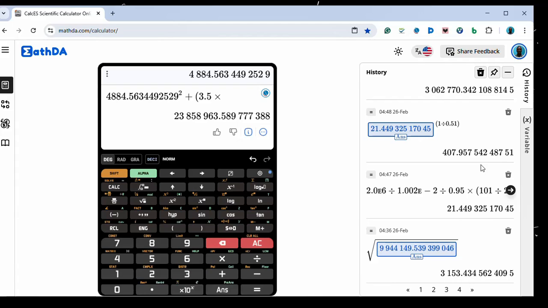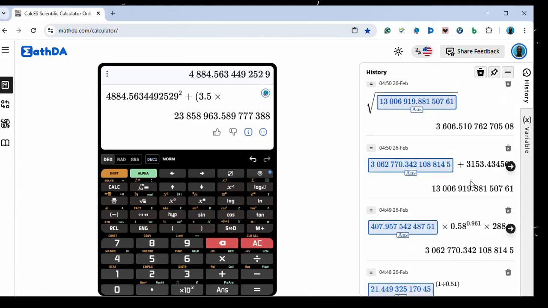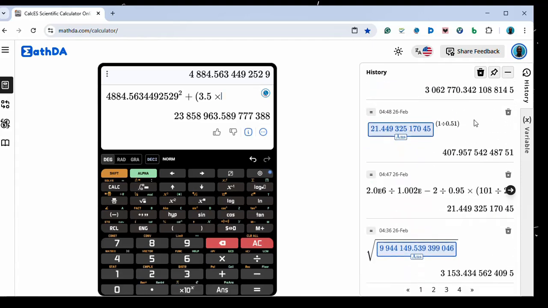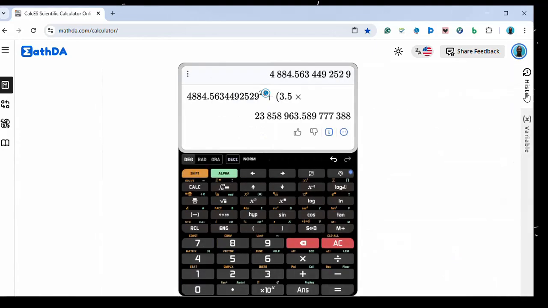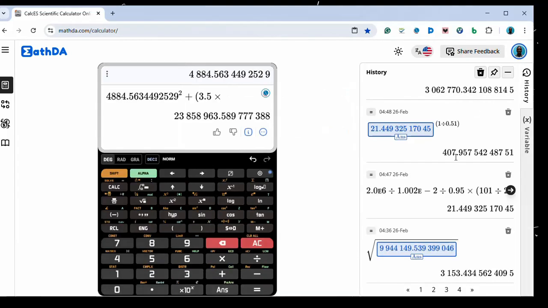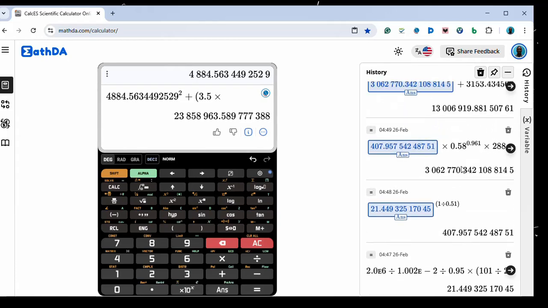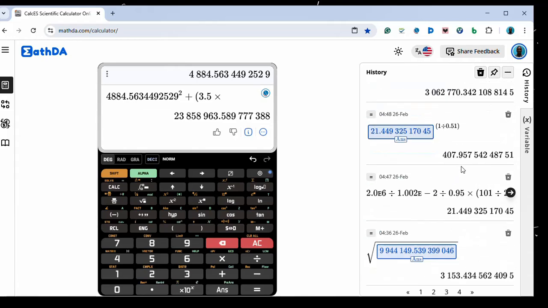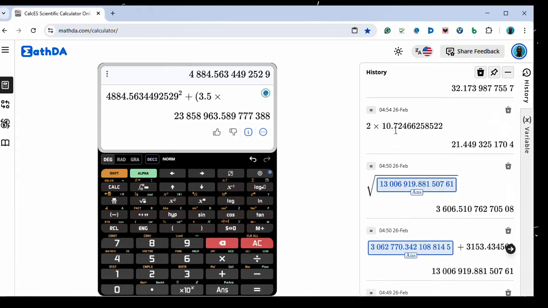The value for 10 is no more again. Let me see. Let's look at history. Okay, look at the value here. This is it. So we're going to use this value now.